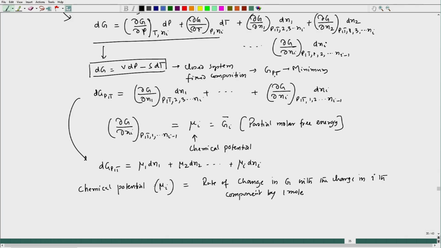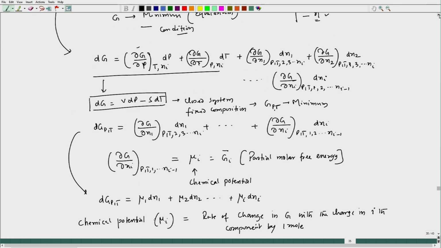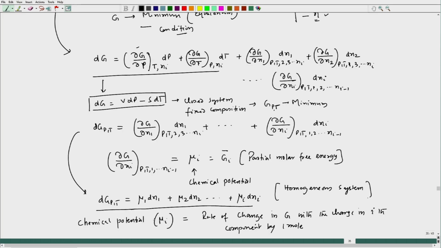Now, when I see this equation, there is another condition, which is that I am considering a homogeneous system. Let us say in a system we have only one phase.